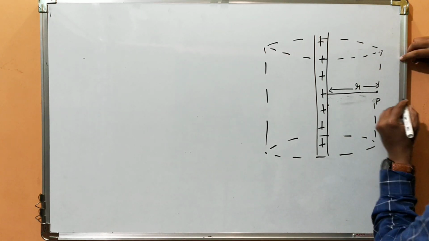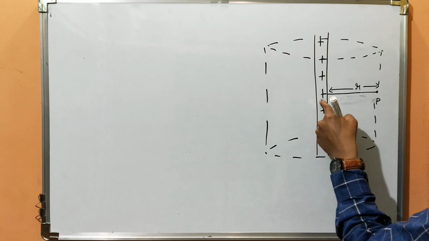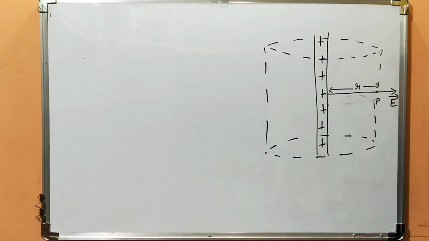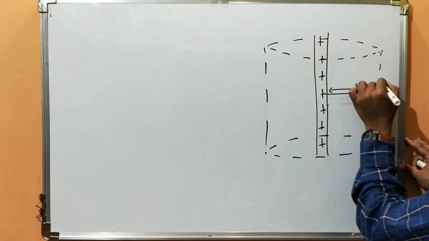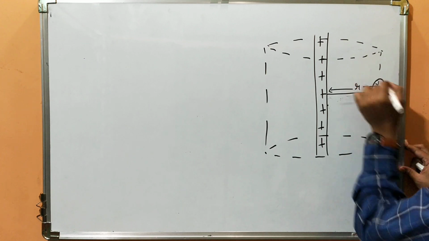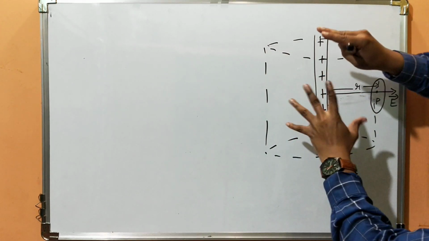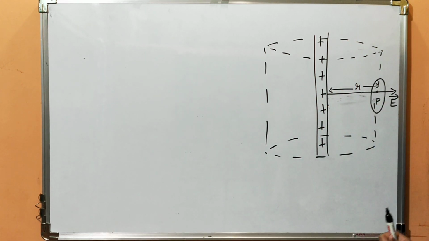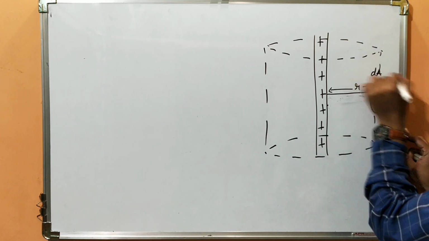So now you tell me, the electric field will be where? It will be radial outwards or inwards? Since it is a positive charge, the electric field will be in this direction. Now I will consider some small portion of this imaginary cylinder. This is my big imaginary cylinder, and in that imaginary cylinder I am taking a small portion having a cross-sectional area dA.